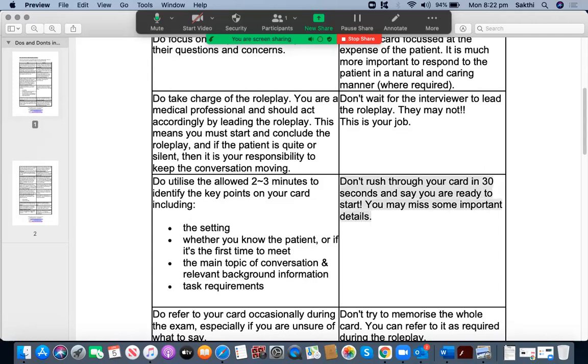You should not rush. Don't rush through your card in 30 seconds and say you are ready to start. You may miss some important details. So please take the whole preparation time to make notes, understand the information, understand the setting, and then you also have to know whether it is a known patient and what would be the main topic of the conversation, what's the main problem with the patient, and what are the other background details and things like that.